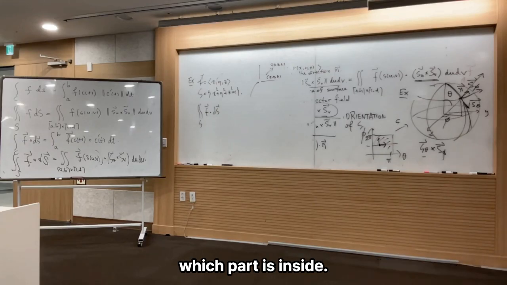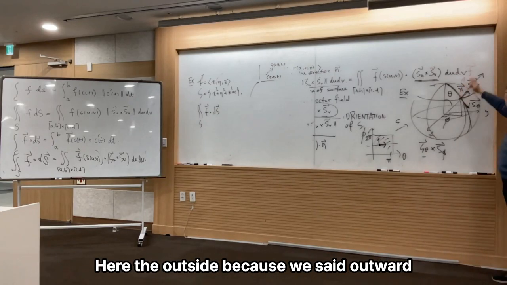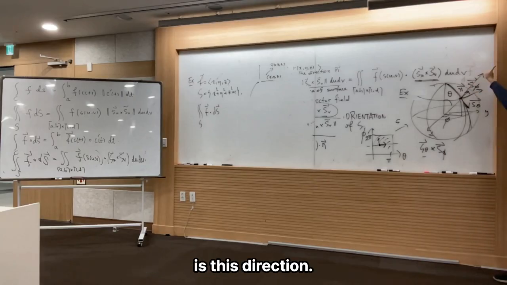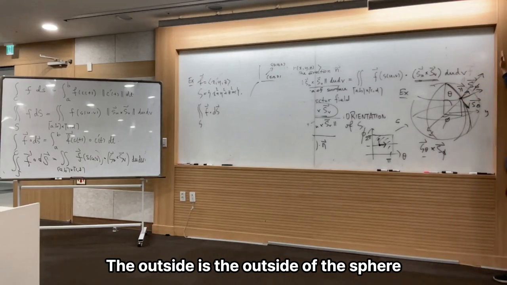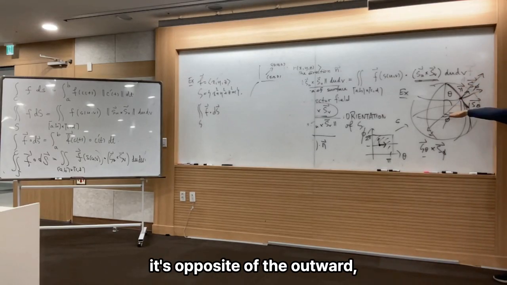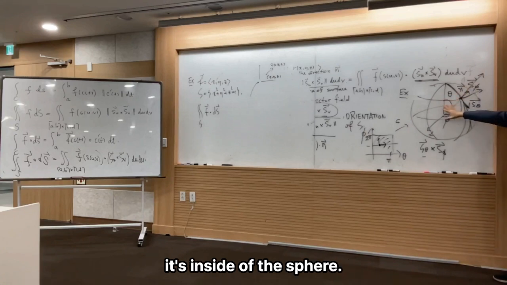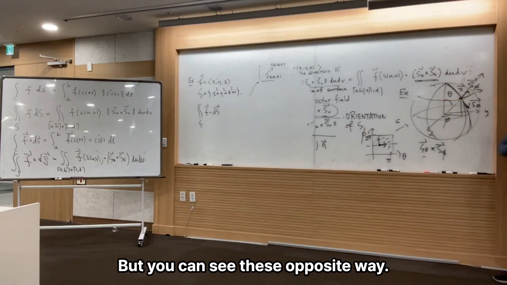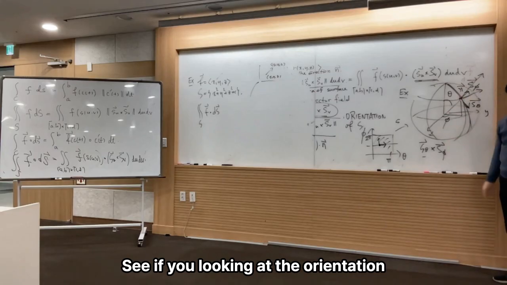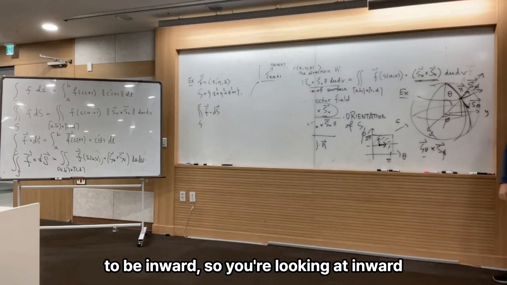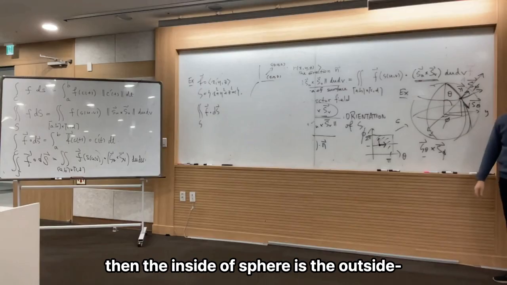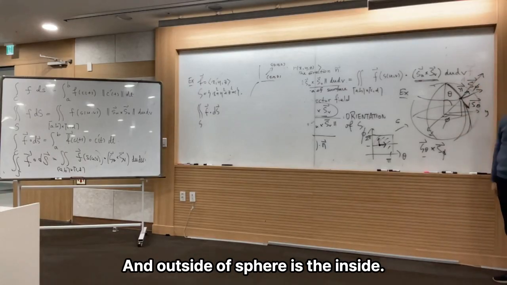Here, because we said the outward is this direction, the outside is the outside of the sphere, and the inside is the inside of the sphere. But you can see this the opposite way. If the orientation is inward, then the inside of the sphere is the outside, and the outside of the sphere is the inside.